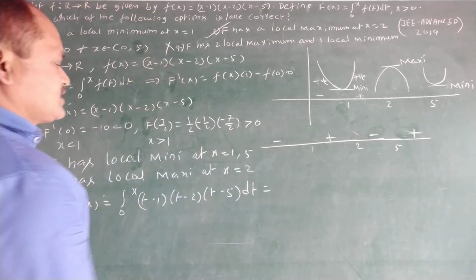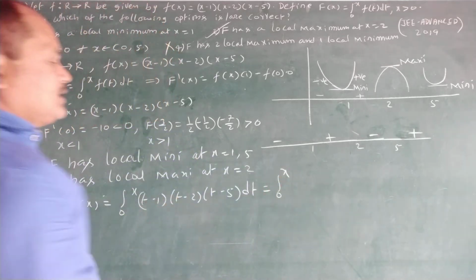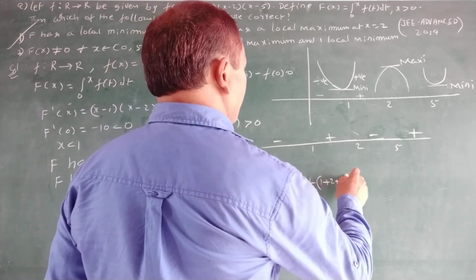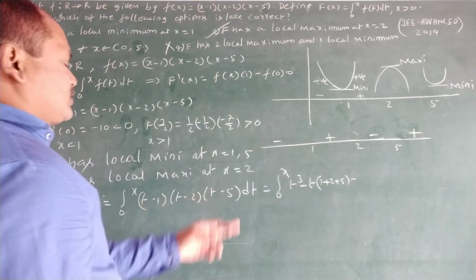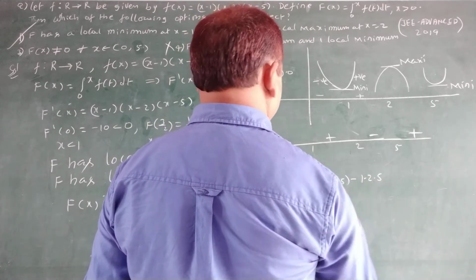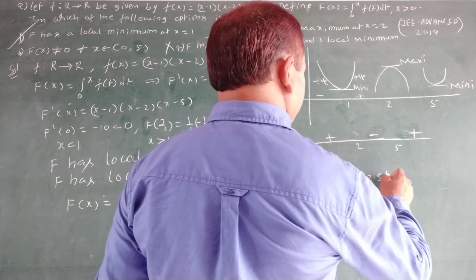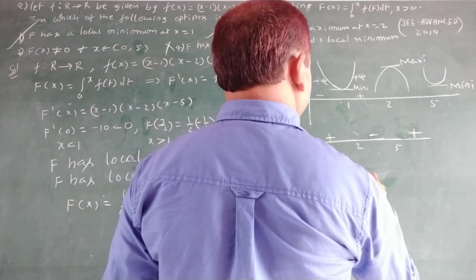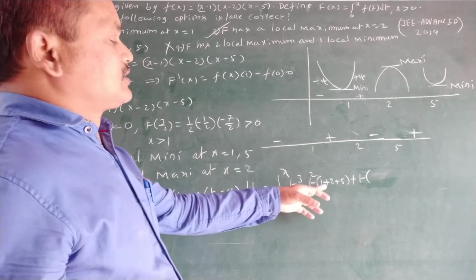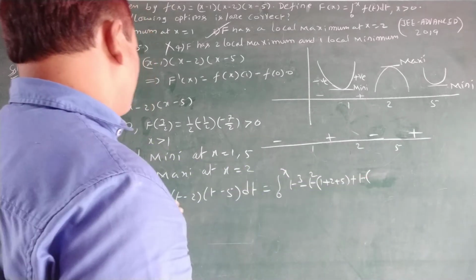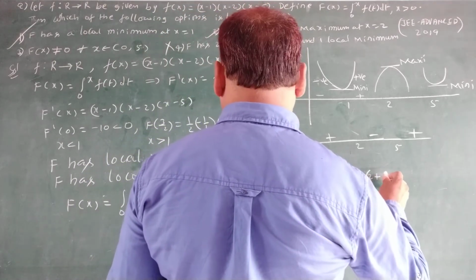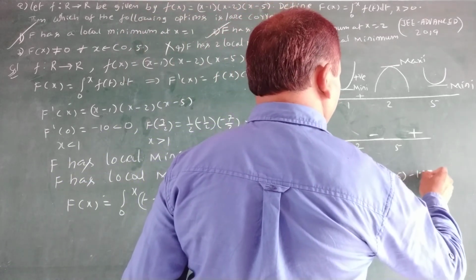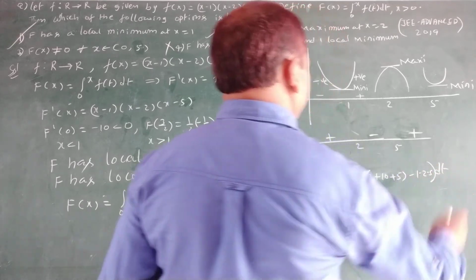Expanding, it is t cube minus t square times the sum of the roots, 1 plus 2 plus 5, plus t times the sum of the products of two roots, 1 into 2 is 2, plus 2 into 5 is 10, plus 1 into 5, minus the product 1 into 2 into 5, dt.